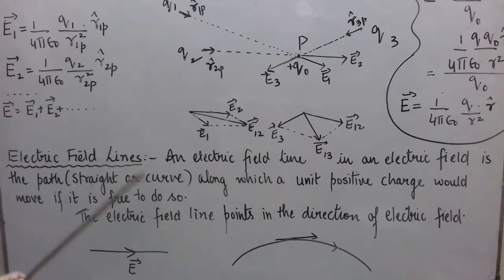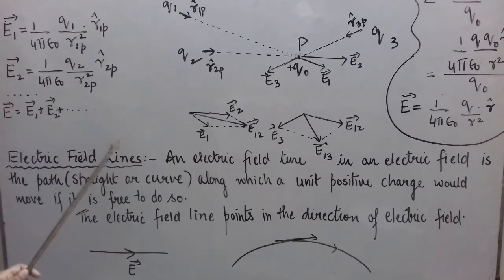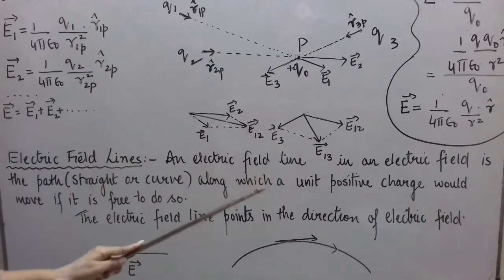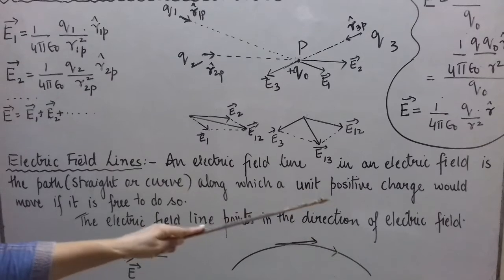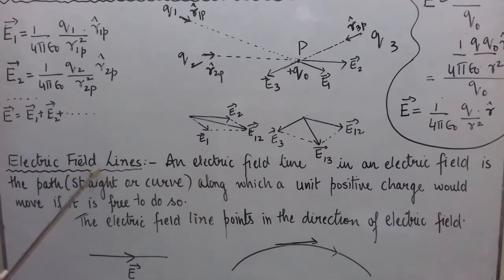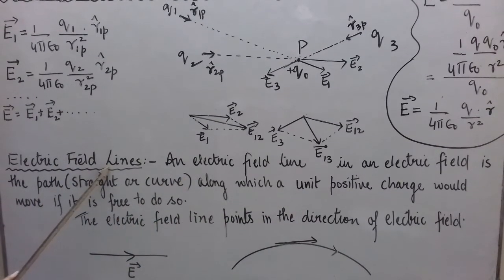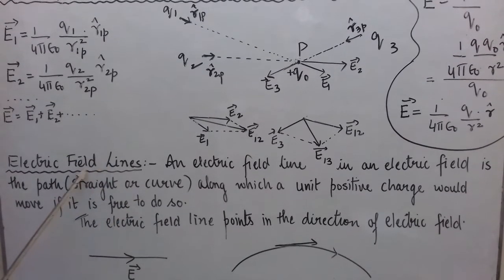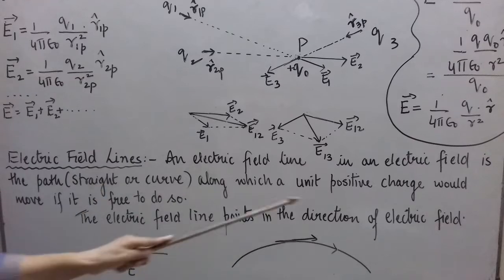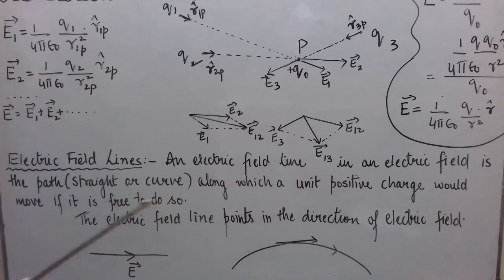You can compare it with a magnetic field line, where instead of a unit positive charge, we take a unit north pole. So electric field lines are imaginary lines drawn on paper, which can be straight or curved, and they give the direction in which a unit positive charge would move if it is free to do so.